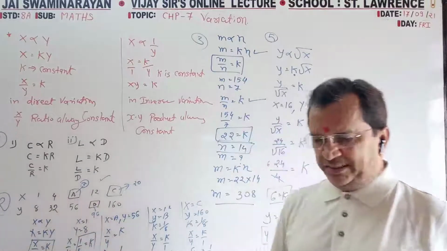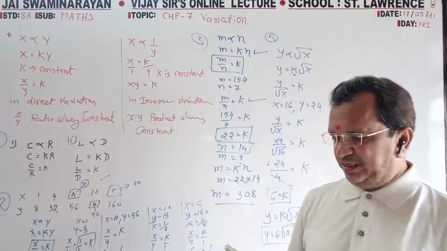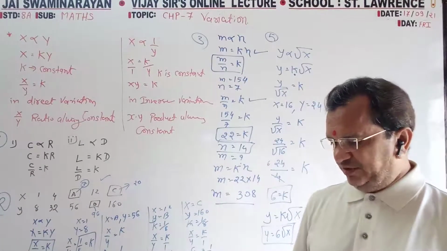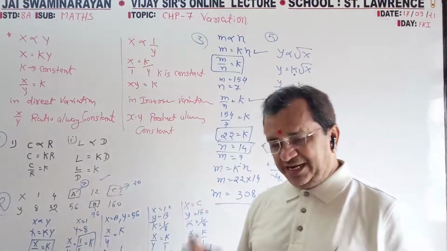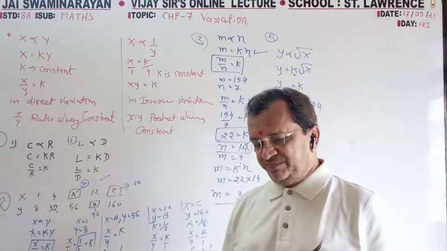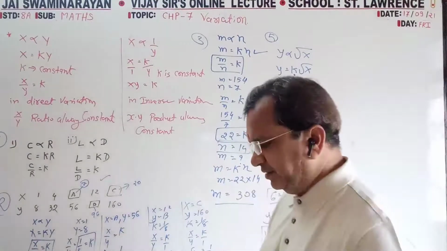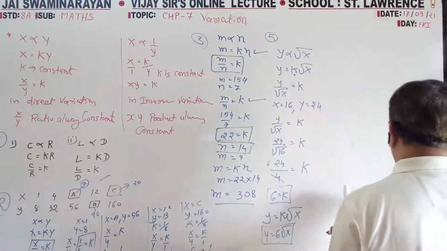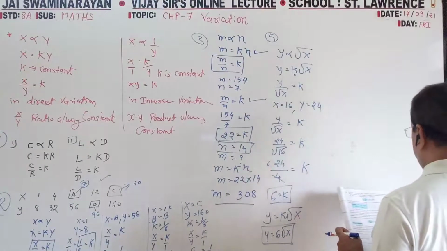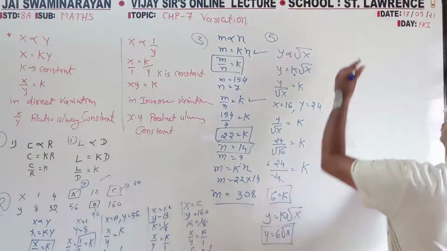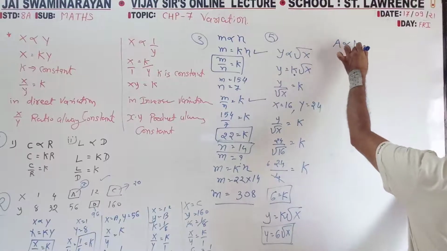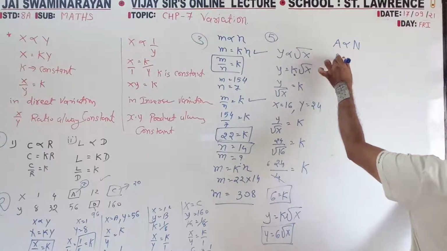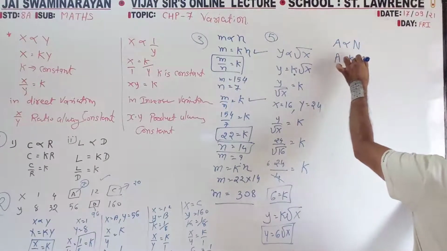Total remuneration paid to the labor employee to harvest soybean is directly proportional with the number of the labor. So the amount is directly proportional to the number of the employees. A is equal to Kn.